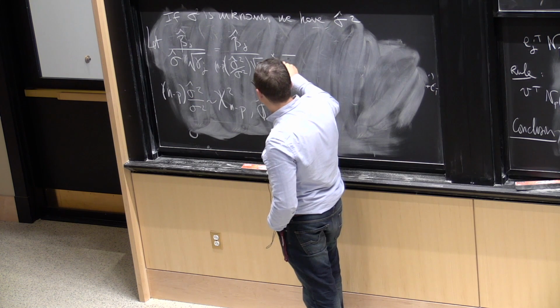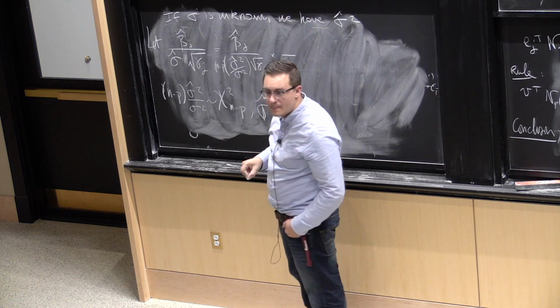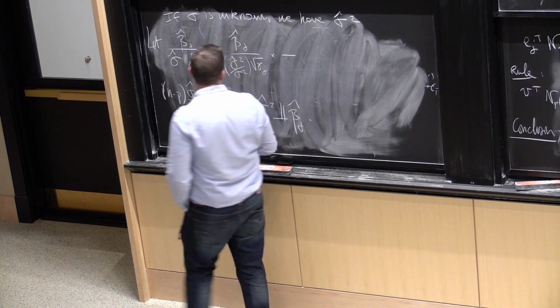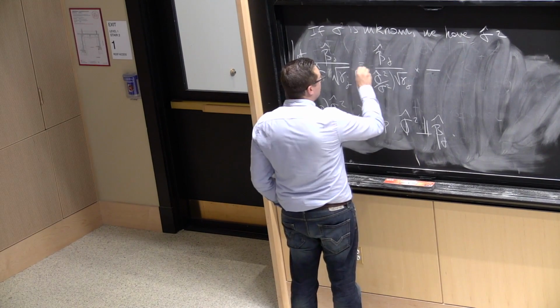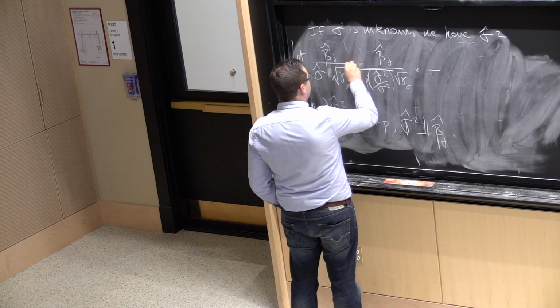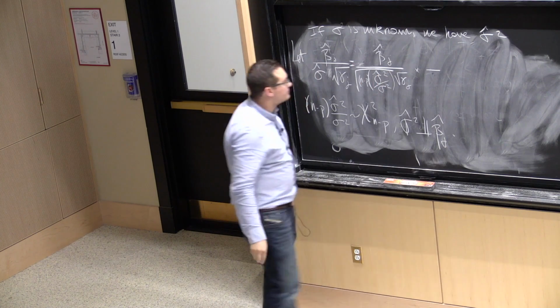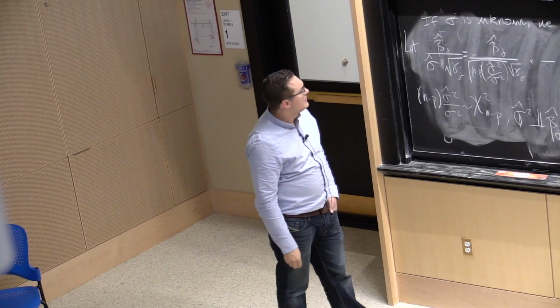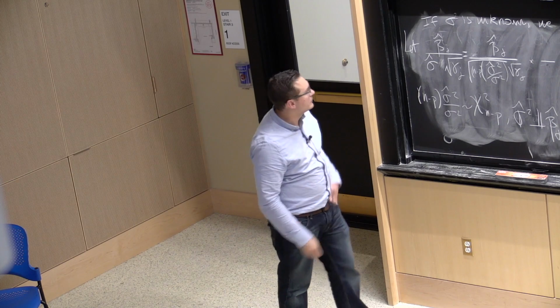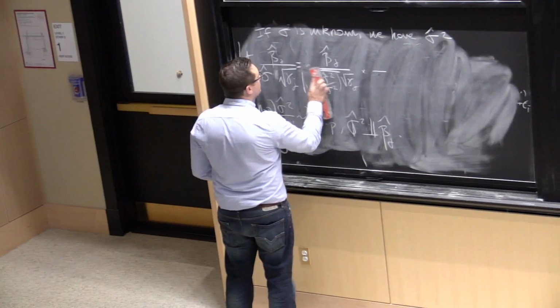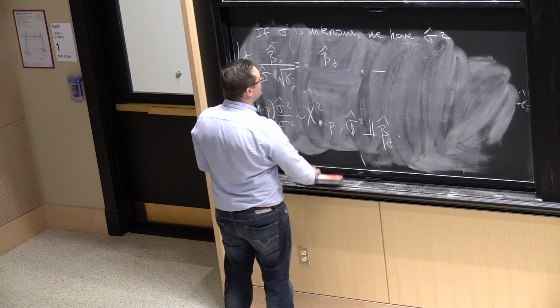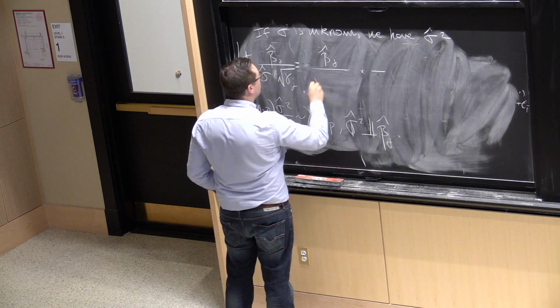Sorry, I need to. Do you need a square root of the sigma hat squared? That's correct now. OK. And now I have that. Sorry, I should not write it like that. It's not what I want. What I want is this.